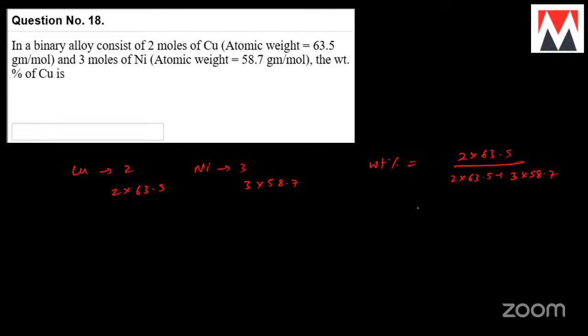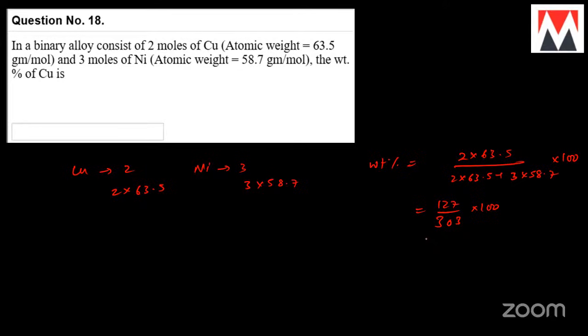So let us calculate this in the calculator. You multiply by 100 also. So 2 into 63.5 is 127, by 127 plus 3 into 60, nearly 180 you can take. So it is 127 plus 180, you will get nearly 303, into 100.